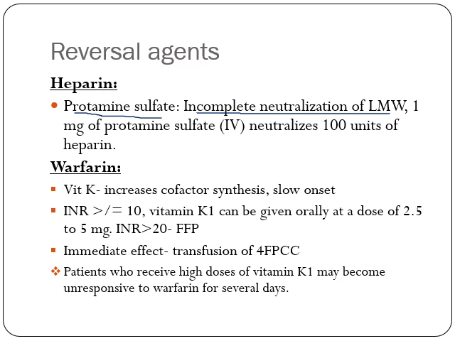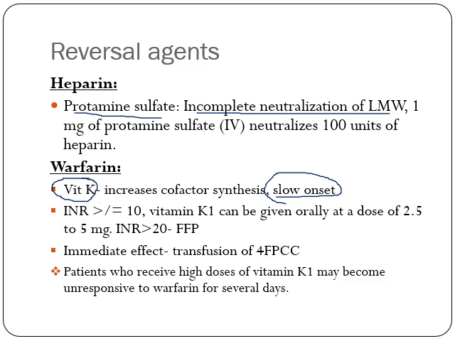Now coming to warfarin. In case of warfarin overdose, the specific antidote is vitamin K. How will it act? It will increase the hepatic synthesis of clotting factors, but the problem is that it has a slow onset of action.